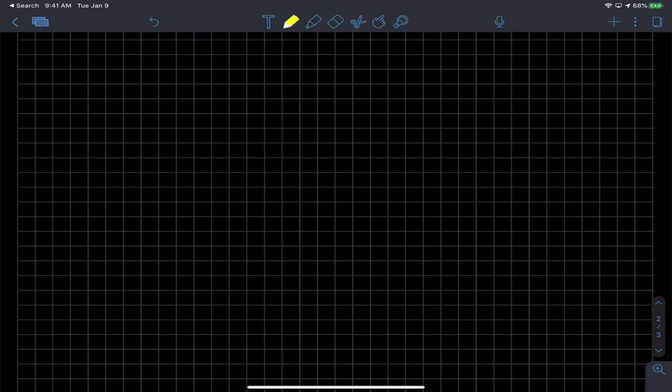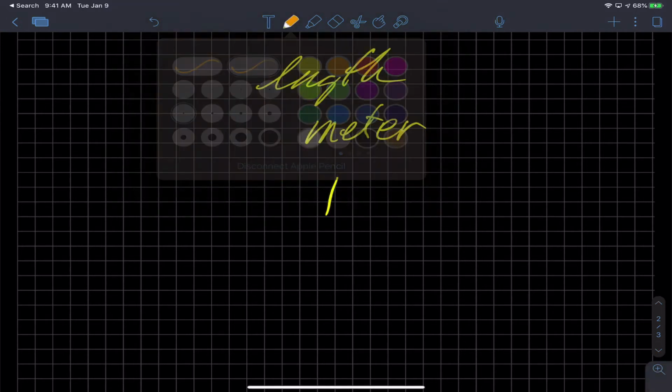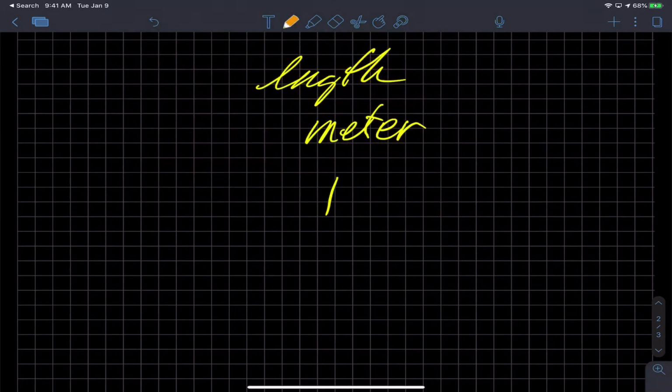So the easy one, we'll talk about length here. If I had something that was 1 meter, and I wanted to represent something that was longer than 1 meter, let's say that it was 1 kilometer. Well, that's the same as saying that it's 1,000 meters.